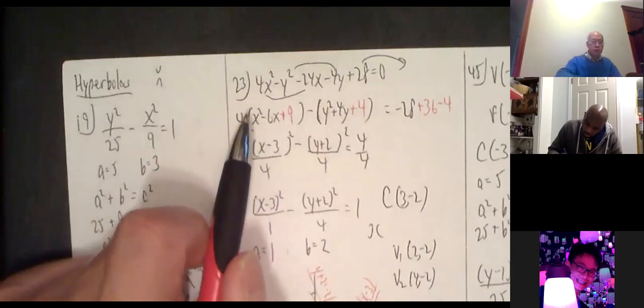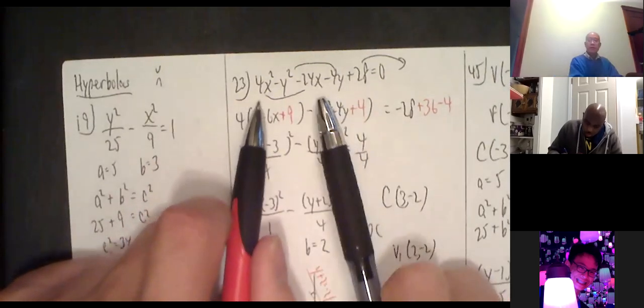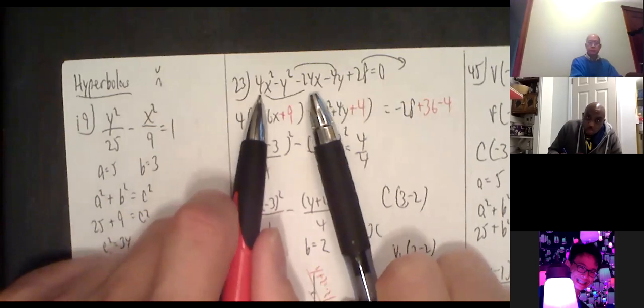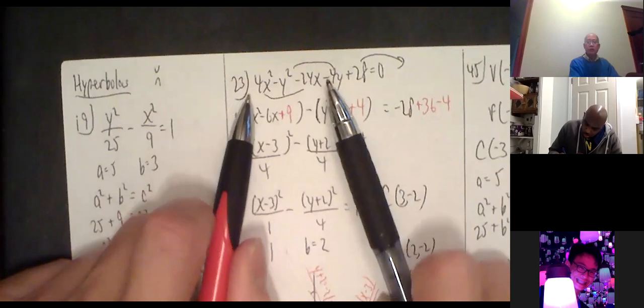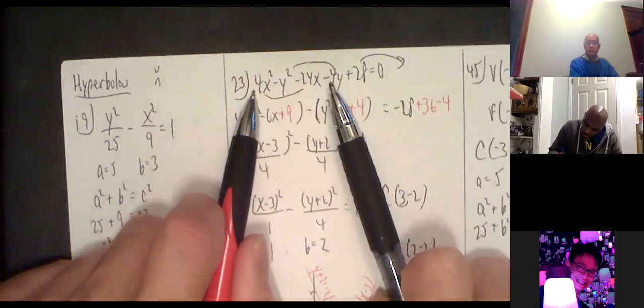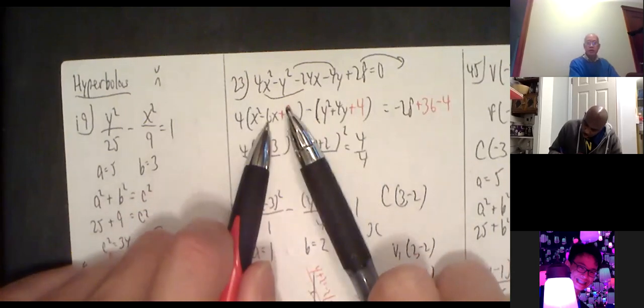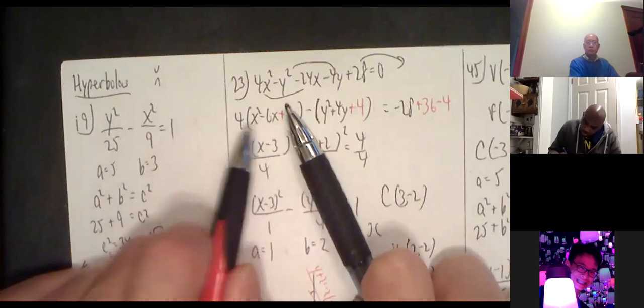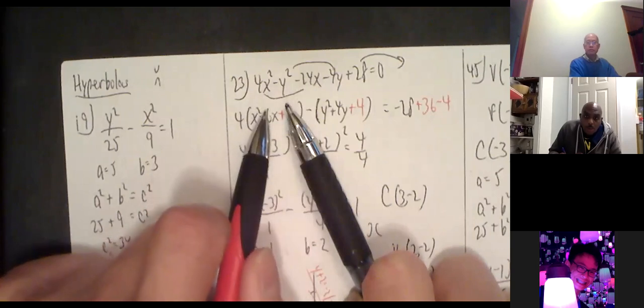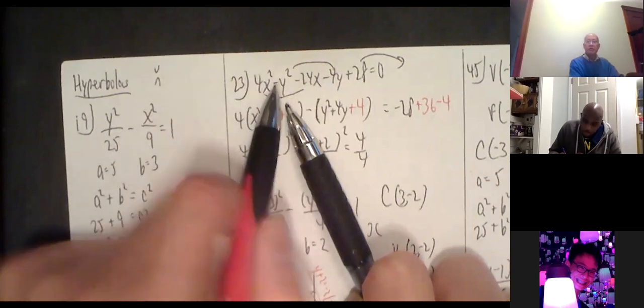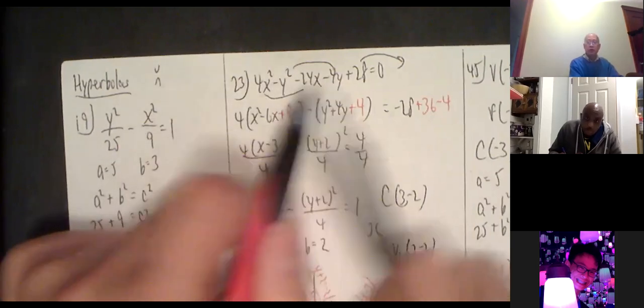Okay, now look at these two. 4x squared minus 24x. Factor out the 4, not the 4x, just the 4. X squared minus 6x. Double check. 4x squared minus 24x. Agreed? Minus y squared minus 4y.